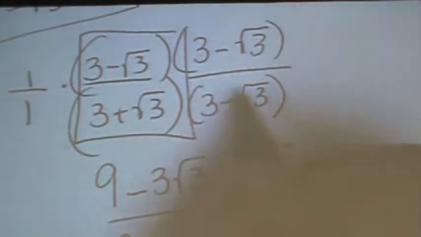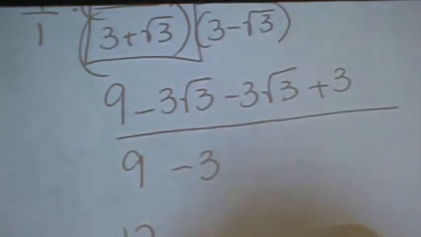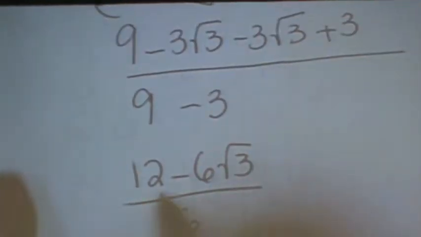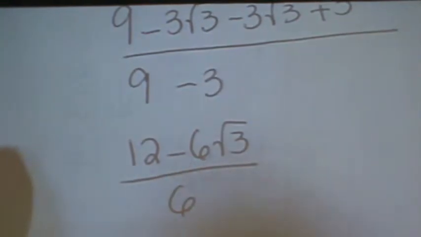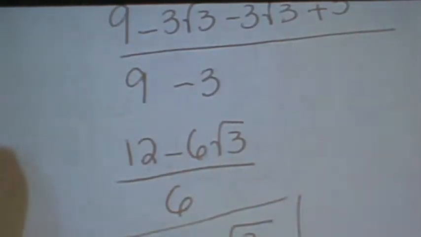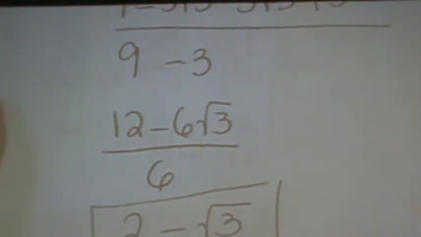And then 3 times 3 is 9. The next two cancel out, and then minus 3. 9 and 3 is 12, and then minus 6 root 3 over 6. It looks like 6 goes into both of these, so I'm getting 2 minus root 3 for an answer. And that is the correct answer, believe it or not. 2 minus root 3.